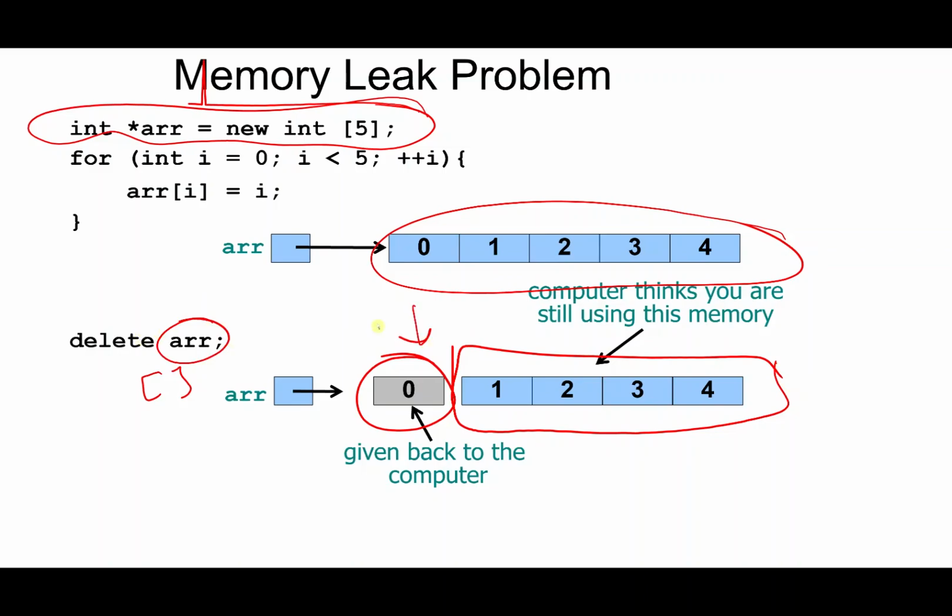Or I actually do have access to them if I use them properly. But my intention was to give back the full array, and I only gave 1. This is one extra example of memory leak.